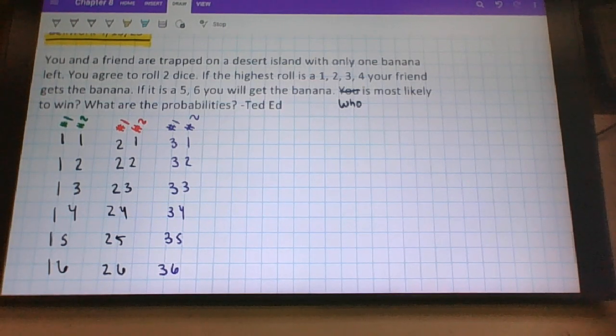So this shows the possible combinations as well. And when we talked yesterday about this, I said if you add all these up, you get your total. There's 36 possible outcomes. And now we have our total.